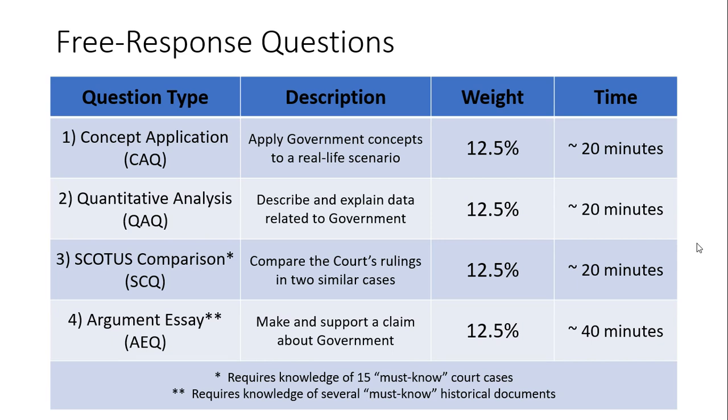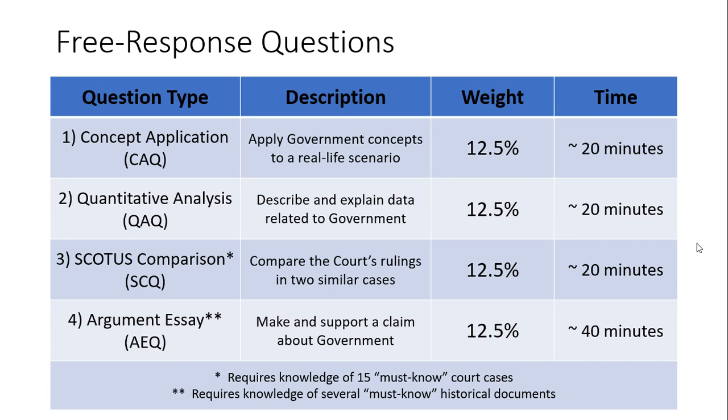The next type is probably the most unique type. It's called SCOTUS comparison. And SCOTUS, if you don't know by now, is an acronym that stands for Supreme Court of the United States. So early in the year, I told you that there are 15 Supreme Court decisions that you must know and must know well. And this is a big part of the reason why.